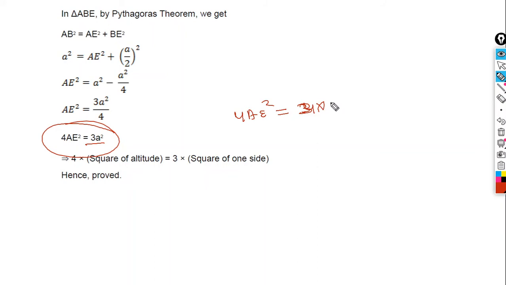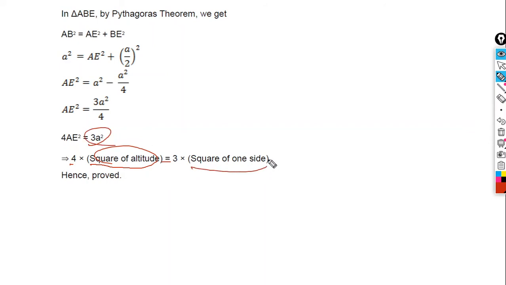Now you can see A square is here. What is the length of A? We had assumed that the length of all the sides is A. Therefore now we have got 4 into the square of the altitude equal to 3 into the square of the side, hence proved.